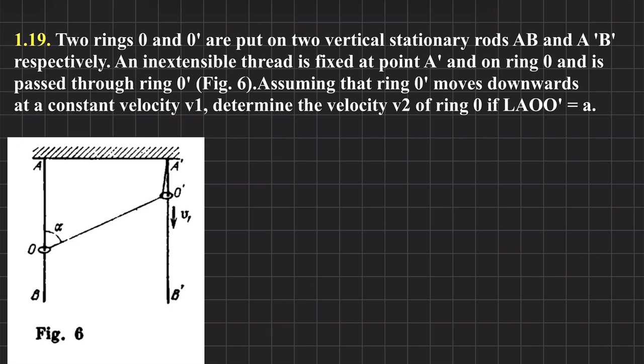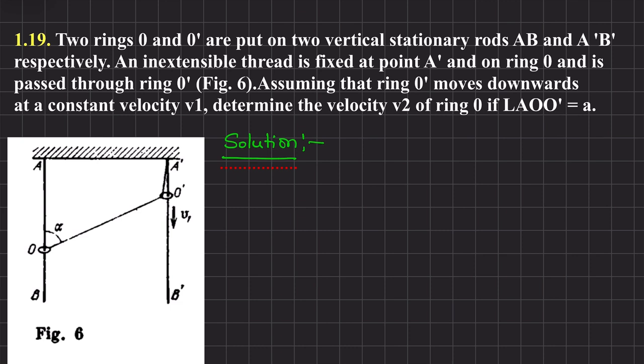Let me write the solution here, and before solving the question I'll formally read it. It says that a ring O and O dash are put on the two vertical stationary rods AB and AB dash respectively.